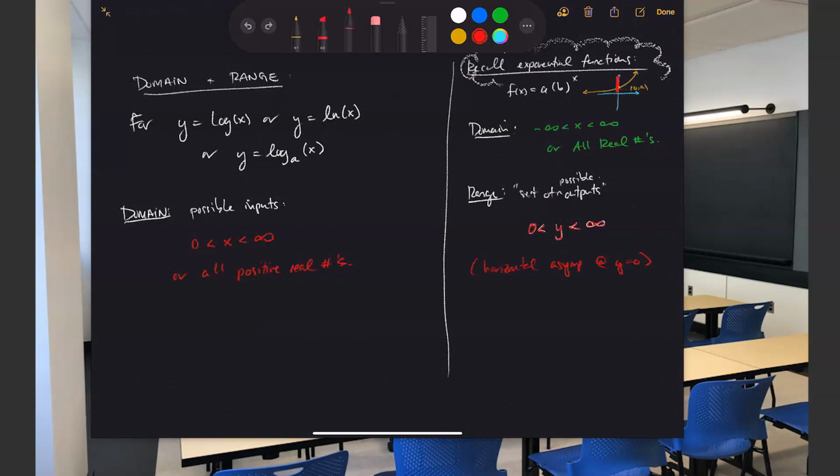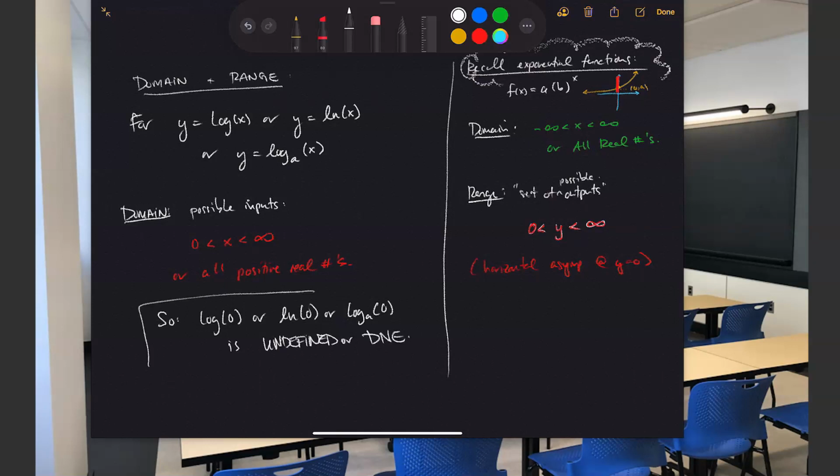So that means that the natural log of 0, or log base a of 0, is undefined, or does not exist. This is kind of a key idea. So I don't want to box that in because this is really the domain.